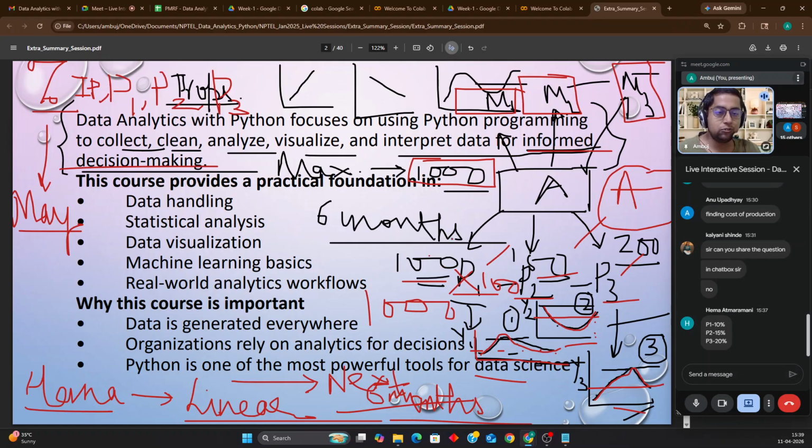So 100 units of product P1, 150 units of product P2, and 200 units of product P3. 1000 is the maximum production capacity. 10% of 1000 is 100, 15% of 1000 is 150, and 20% of 1000 is 200.